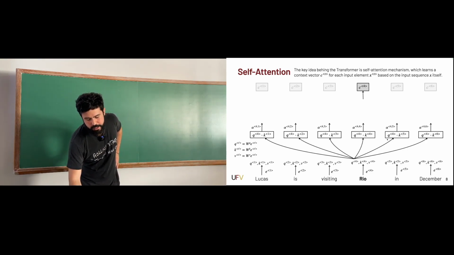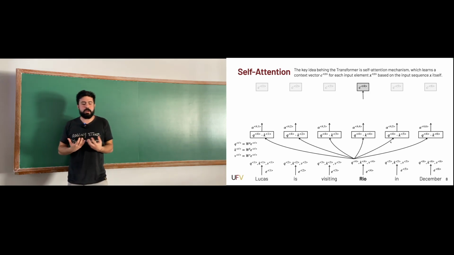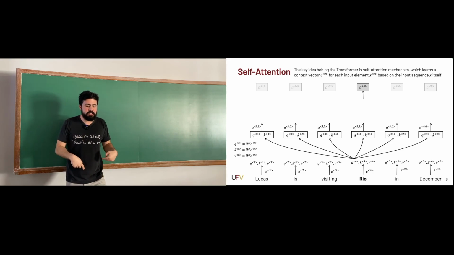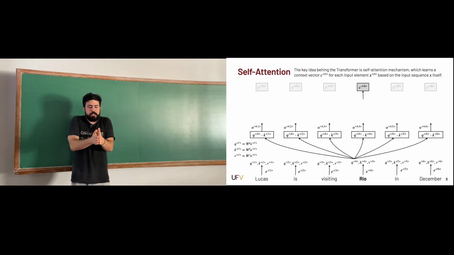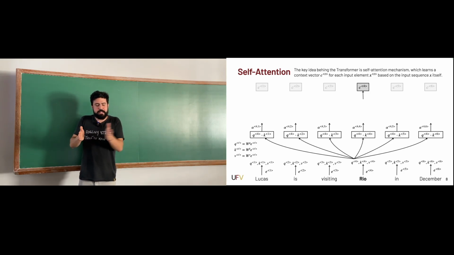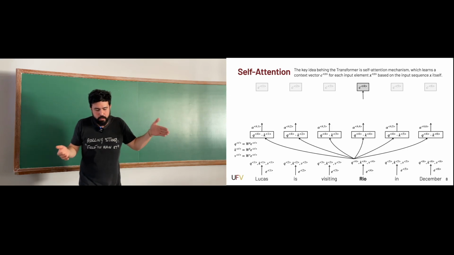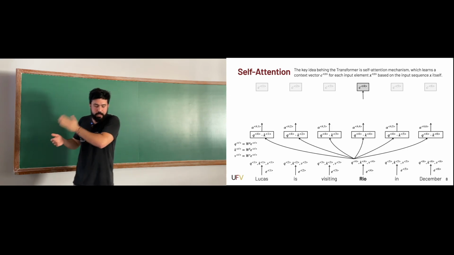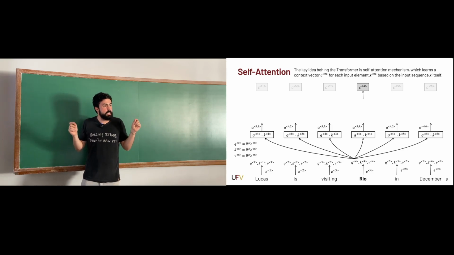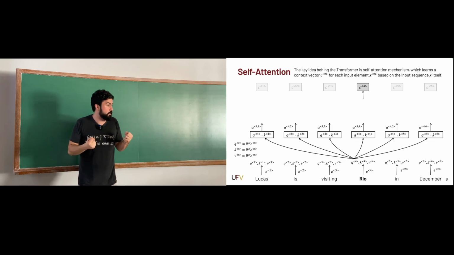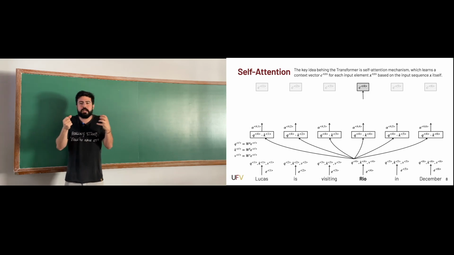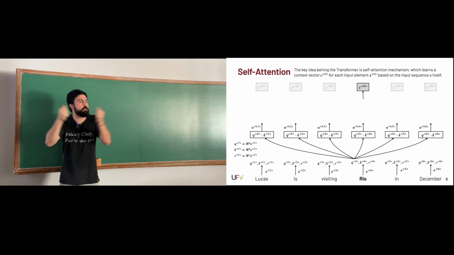What I'm doing is, I want to learn a representation for the word Rio, so I make a query out of this word, and I have each one of my neighbors as keys: K1, K2, K3, K4, K5, and K6. And remember that the dot product can be thought of as similarity. So the idea here is I'm going to compute the similarity between a word and all its neighbors.